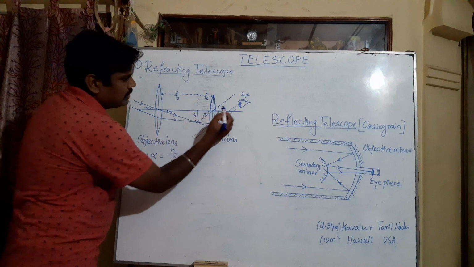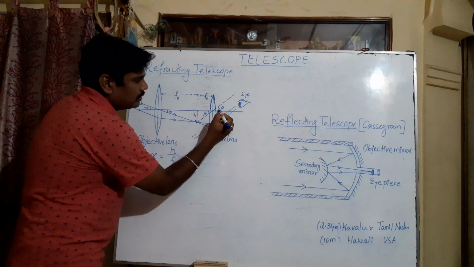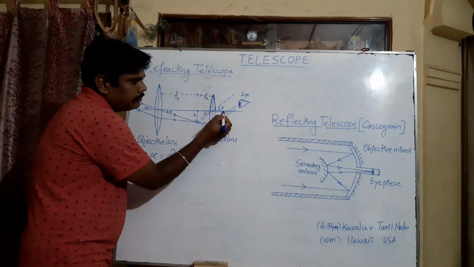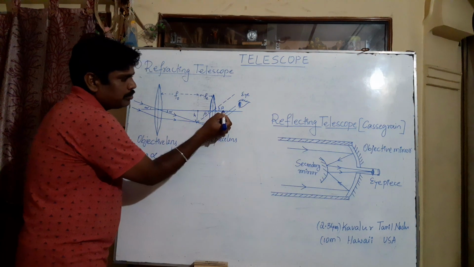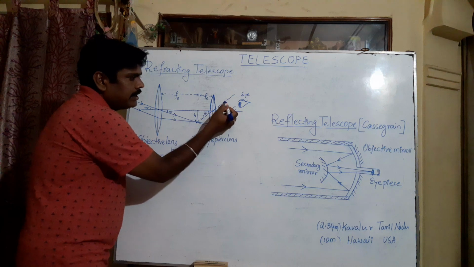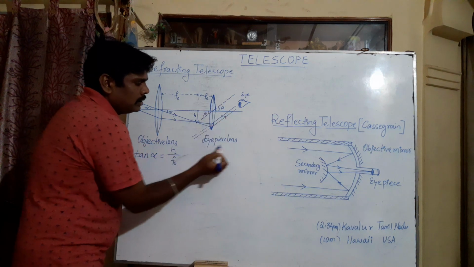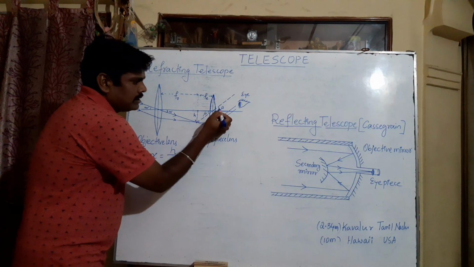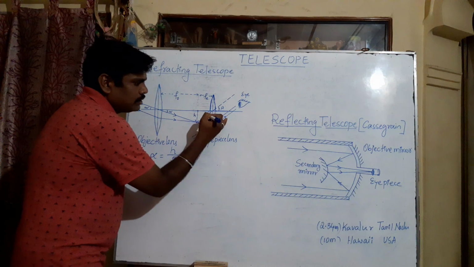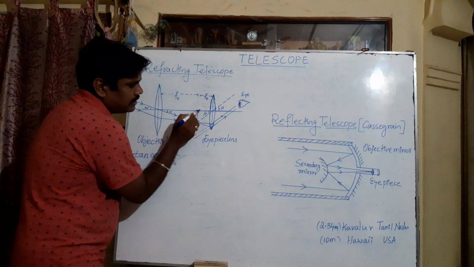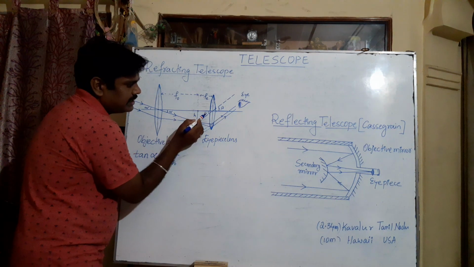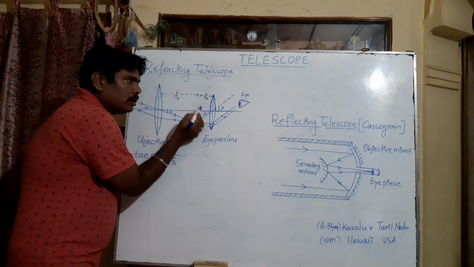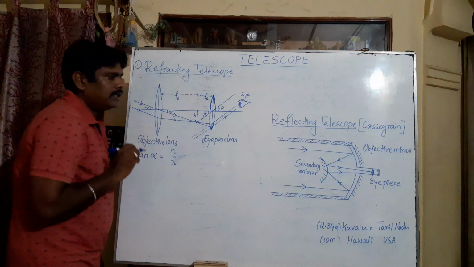Now I will consider another angular value, beta. Beta is the angle between the principal axis and the refracted ray obtained by the eye lens. Since it is vertically opposite, this is also beta. In this right angle triangle, for the angle beta, h is the opposite side and fe is the adjacent side.